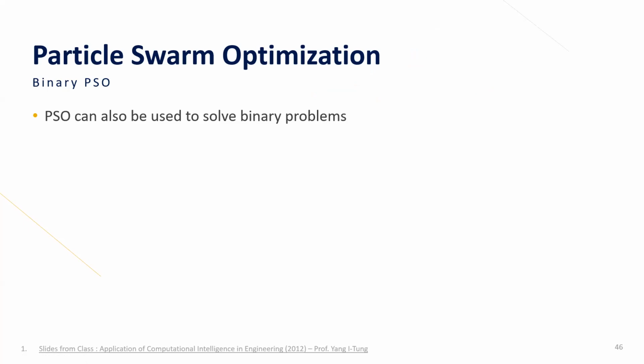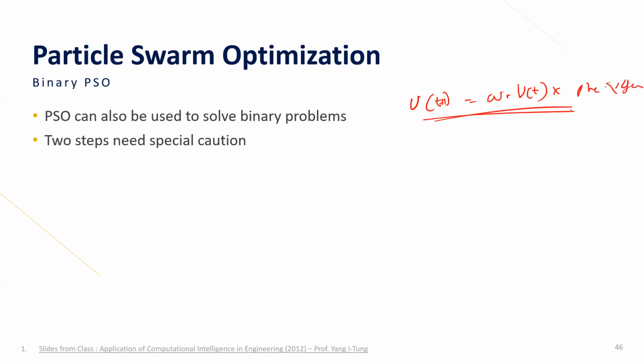The question now is, how do you apply the real number formula of the PSO, the next v(t+1) equals w multiplied by v(t), plus the p-best, g-best terms? How do you apply this formula? That one worked for real numbers.